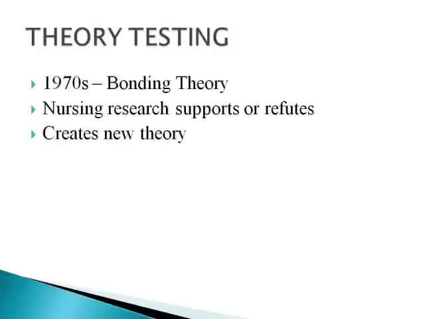Okay, let's talk about a specific example of theory testing. In the 1970s, the theory of mother-infant bonding said that if no physical contact happened soon after birth, bonding was permanently impaired. It had to happen within that magical, critical time. At that time, mothers who were delivered by cesarean were routinely separated from their infants.